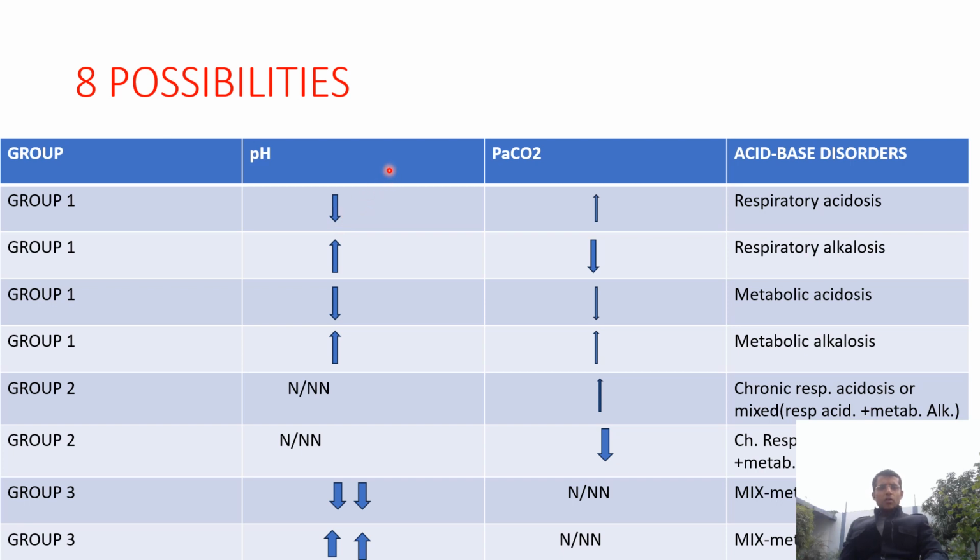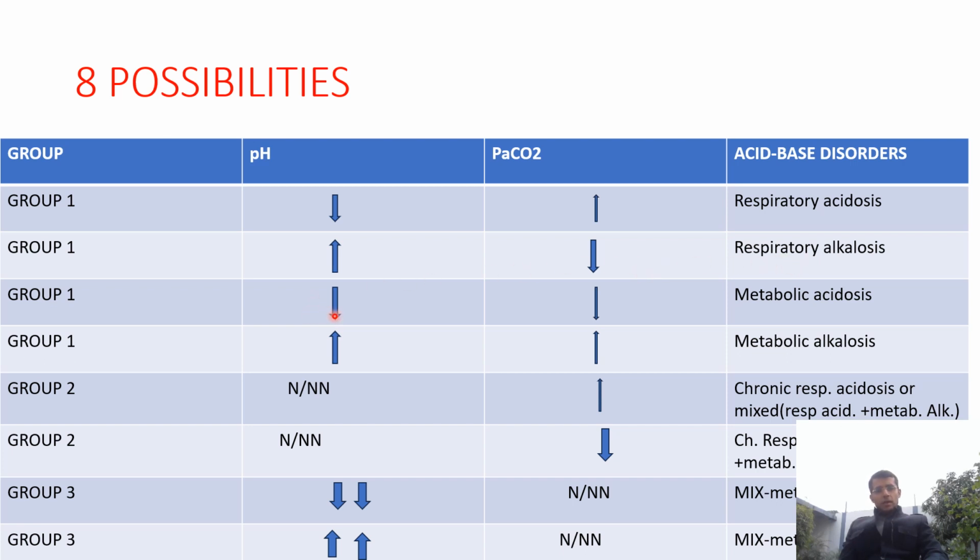We can divide all patients on the basis of two variables. One is pH and one is PaCO2. So if pH and PaCO2 go in opposite direction, the primary pathology has to be respiratory. So if pH goes down, PaCO2 goes up, it is respiratory acidosis. If pH goes up, PCO2 goes down, it is respiratory alkalosis.